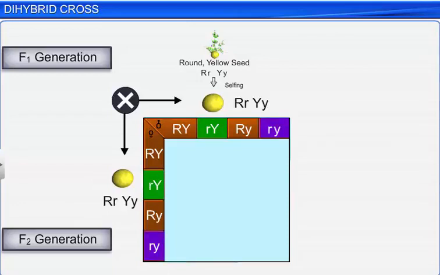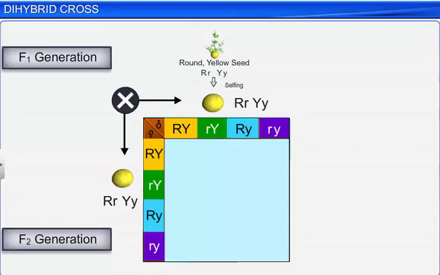Similarly, 50% of the gametes bearing capital R has capital Y and the remaining 50% has small y. Therefore, the genotypes of the gametes are of four types, namely capital R, capital Y, capital R, small y, small r, capital Y, and small r, small y.